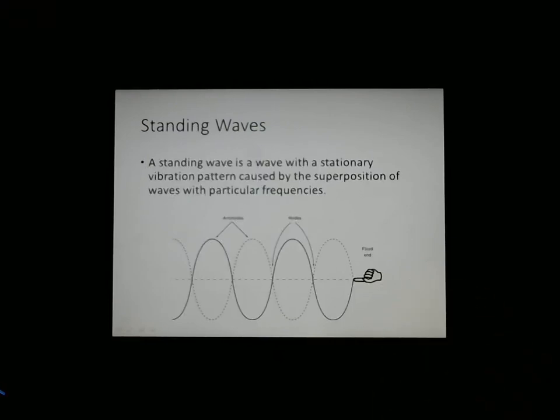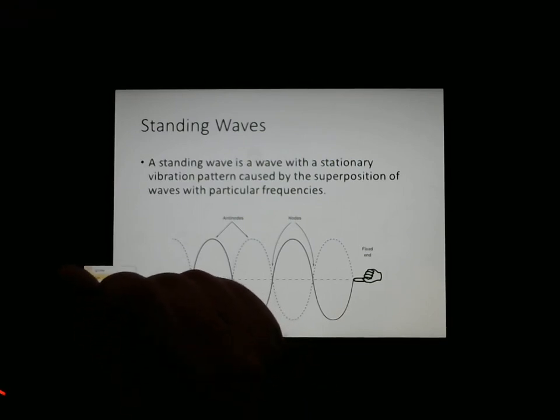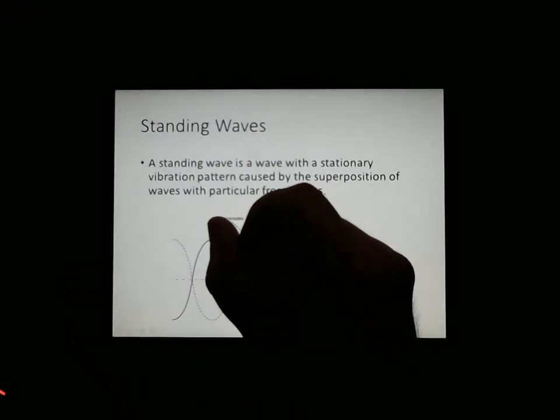So a standing wave is a wave with a stationary vibration pattern caused by superposition of waves with particular frequencies, and it creates two special points: antinodes and nodes. In fact, I will just mark them to clear it.